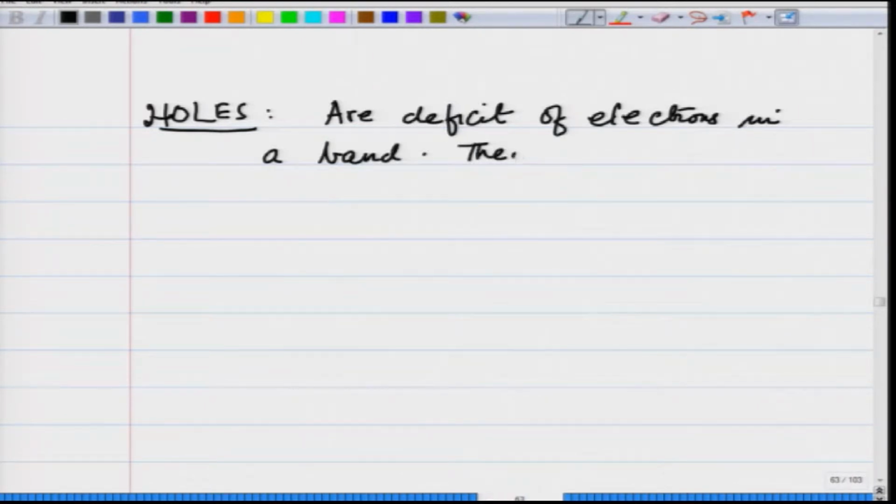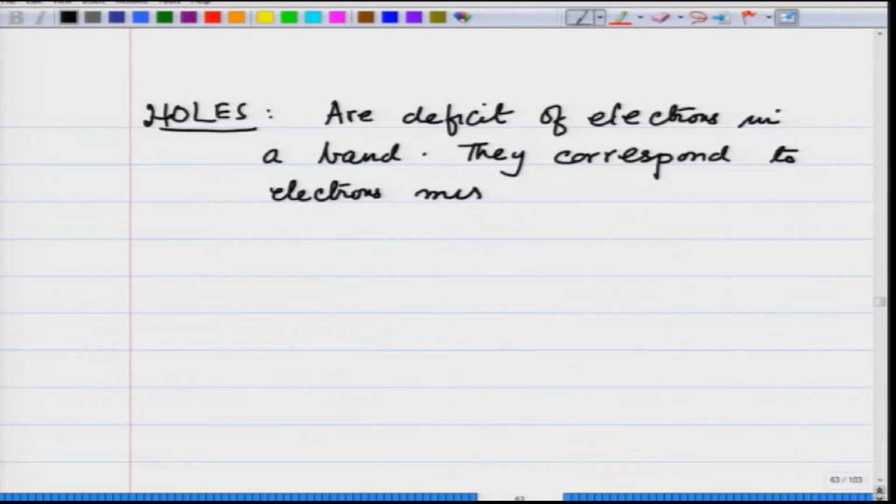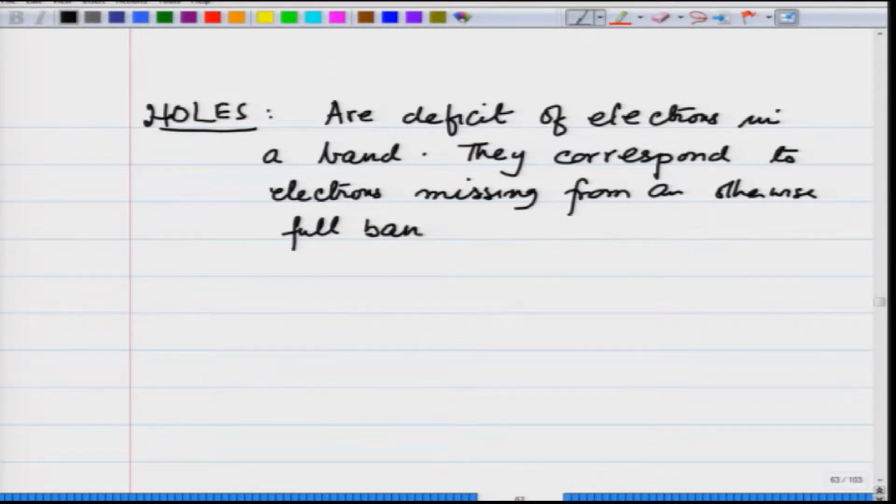They correspond to electrons missing from an otherwise full band. So, very few are missing and we call them holes.